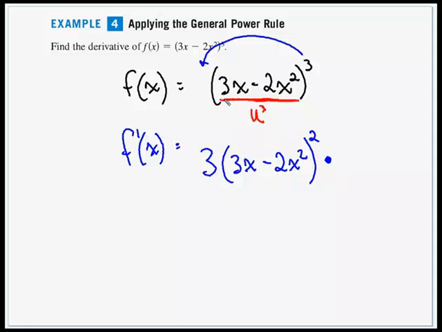Our inner function, I underlined in red here. We want to multiply by that derivative. The derivative of 3x is 3, minus 2x squared's derivative is 4x. I believe the example in the book leaves it exactly like that. If you wanted to distribute the 3 across this set of parentheses, that'd be all right, but it's something you could factor out later.